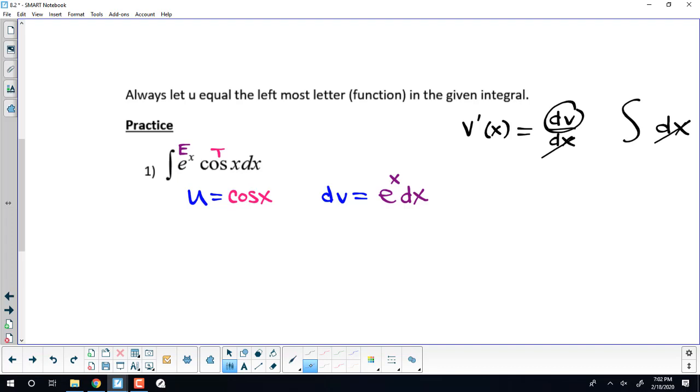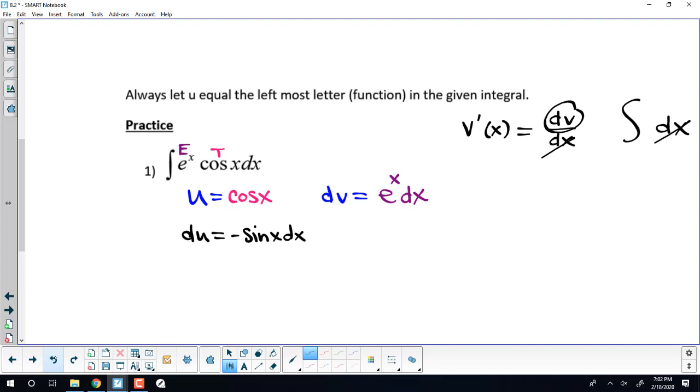Same thing here. Once we find u and dv, in order to find du, we have to take the derivative. You should put a differential here because we're taking a derivative. du is the derivative of cosine dx, right? Because we're really taking the derivative of u with respect to x, and then we're just moving that differential over here so we have differentials with differentials.